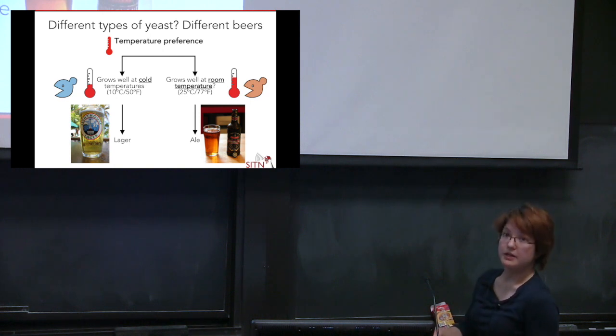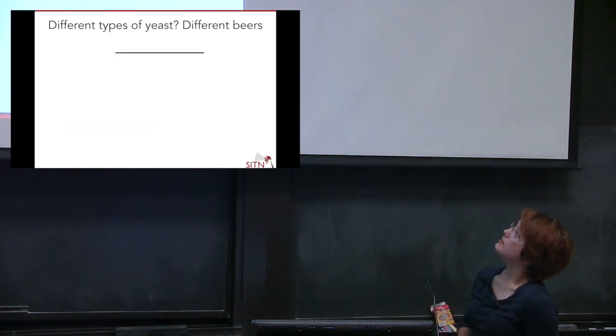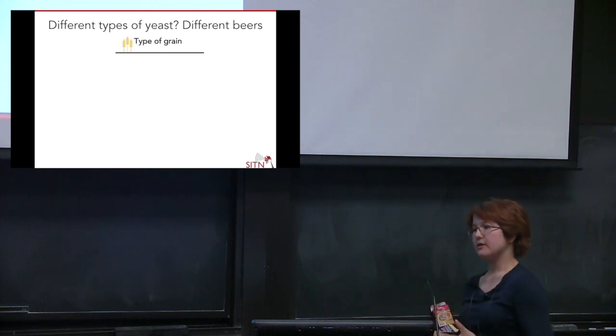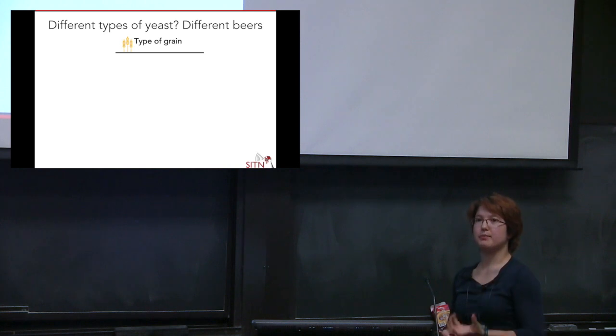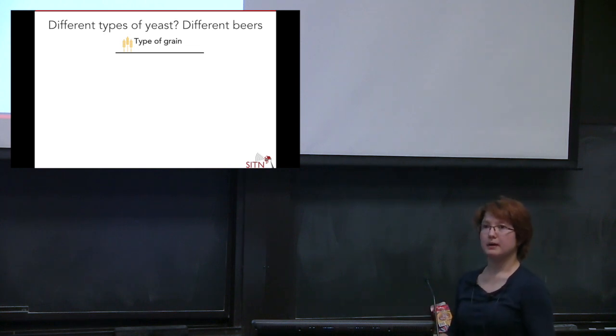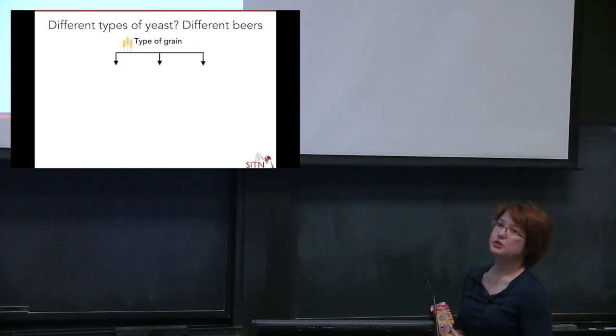But there are other parameters here. There is also the type of grain that you use. With beer, similarly to the case that I mentioned with bread, you have to give the yeast a food source. In this case, you're giving them a processed type of grain, which is, again, starches, carbohydrates, sugars, all those kinds of things that yeast eventually can eat. You can choose different types of grains that go into your beer.